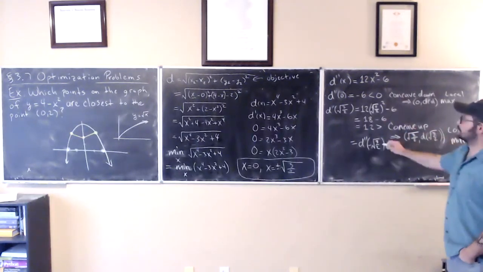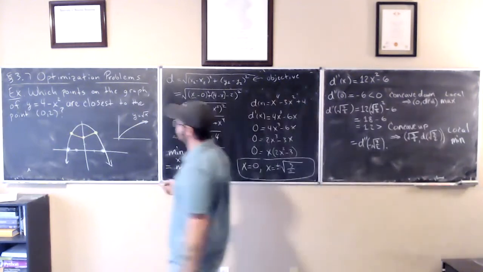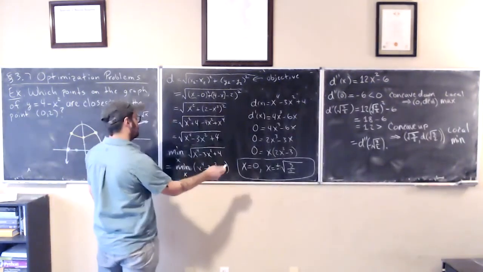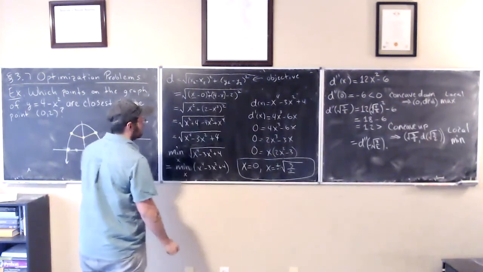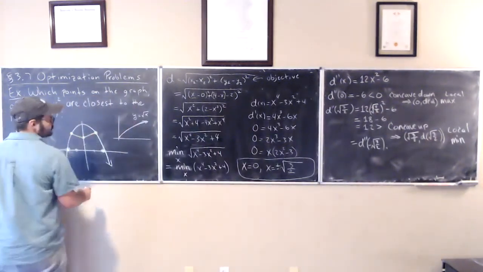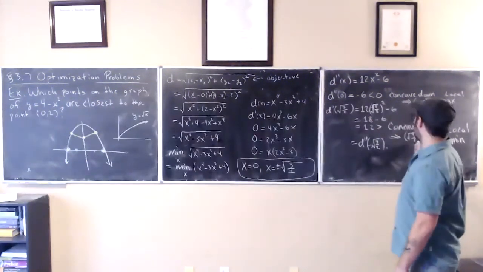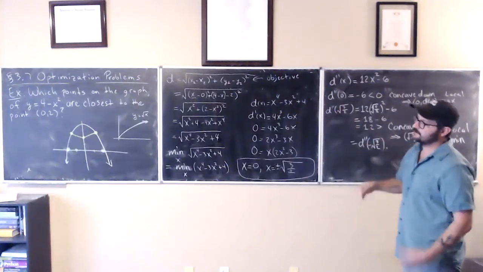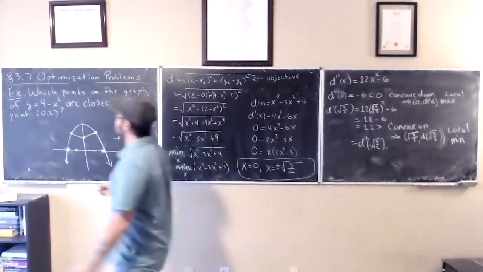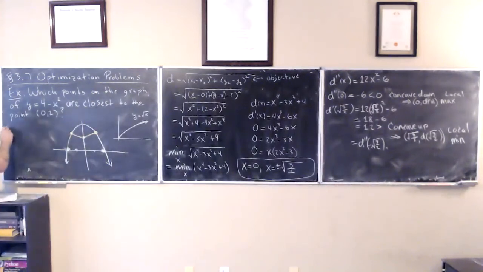So these local mins here are minimization points for this, which would be minimization points for this, which means that these are the x values for which we'll minimize that, and we found our points. So what are the points? Root 3/2, comma 4 minus root 3/2 squared, because that's what our y is, right?